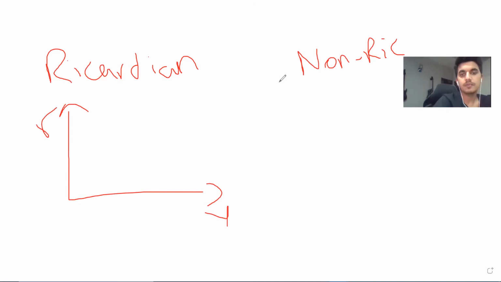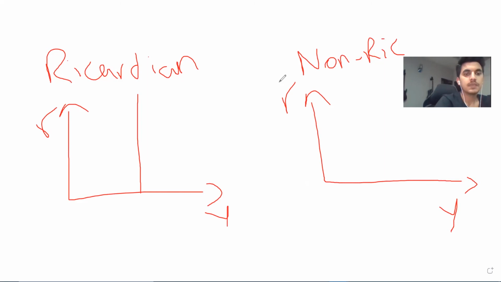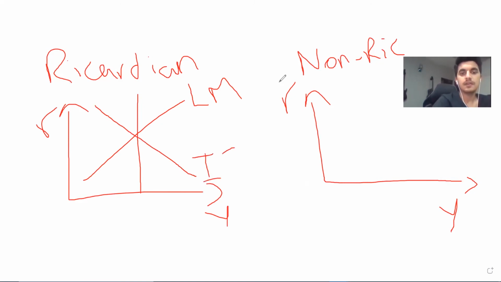And this is the output. This is the LM curve. And this is the IS curve.